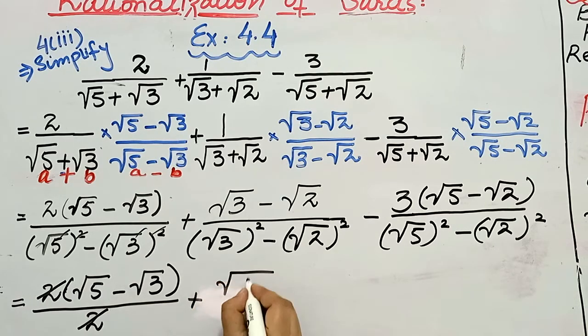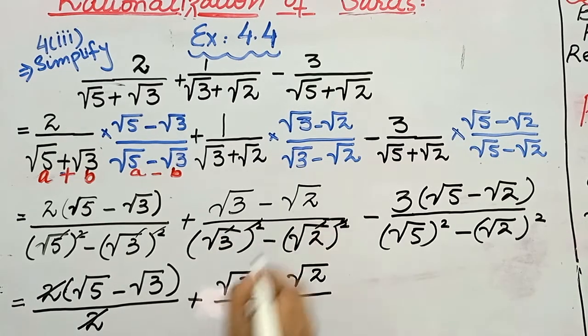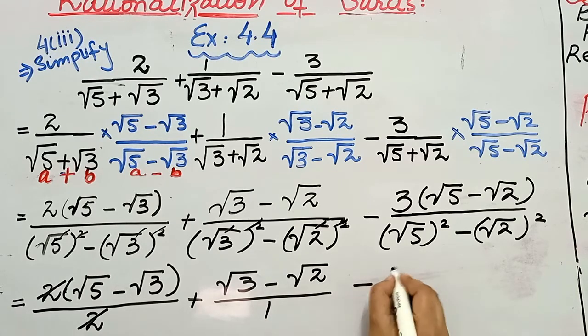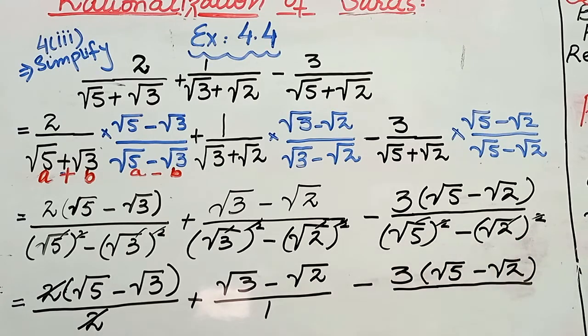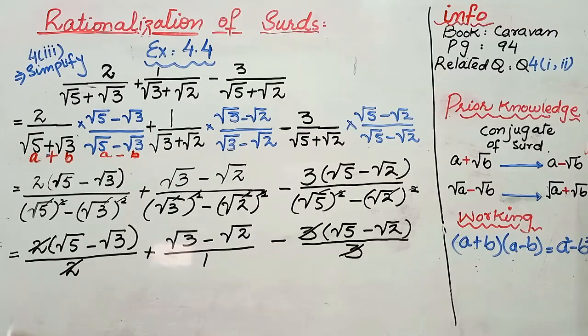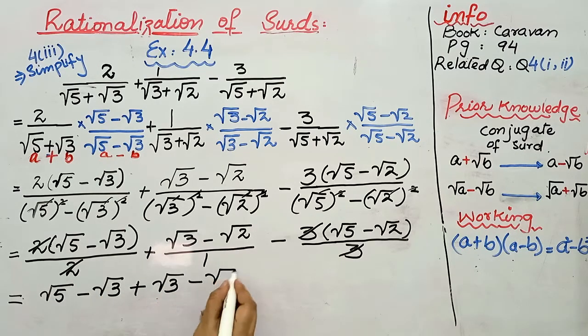Plus under root 3 minus under root 2, divided by, this is cancelled, so 3 minus 2 will be 1 over there. Minus 3 is cancelled, so 5 minus 2 will be 3, and 3 is cancelled with 3. So we have under root 5 minus under root 3 plus under root 3 minus under root 2.